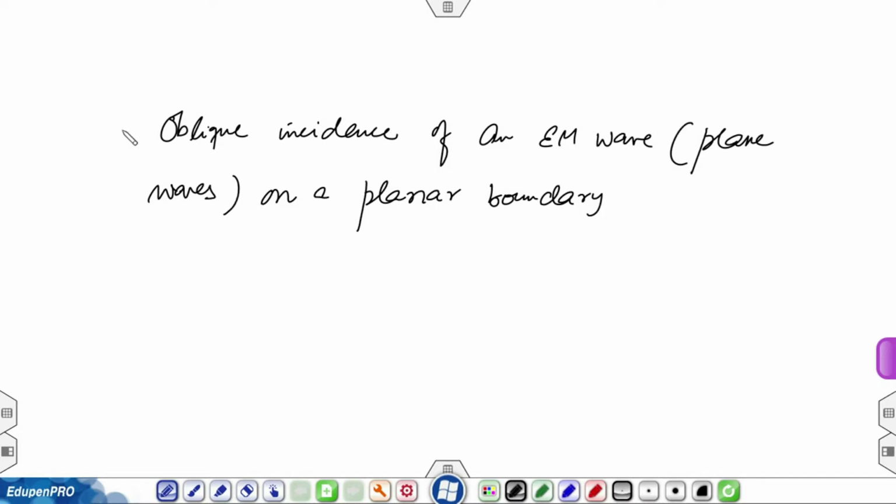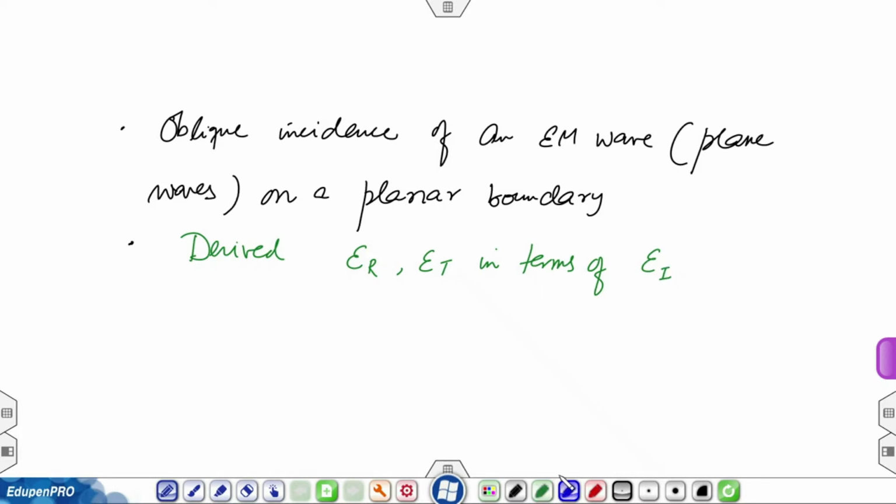We have derived E reflected and E transmitted in terms of E incident, and from that we can get the reflection coefficient and the transmission coefficient and so on, which we will be talking about in this lecture.